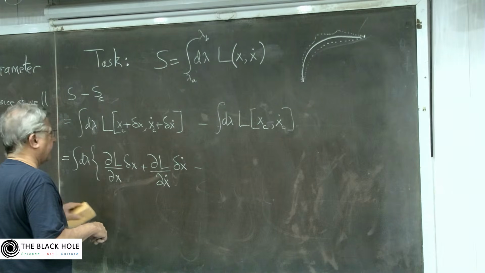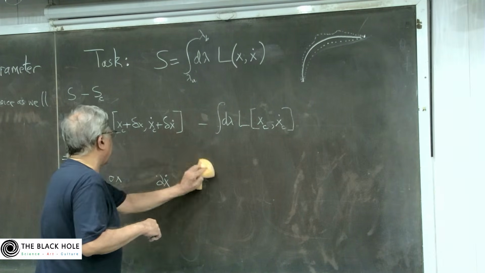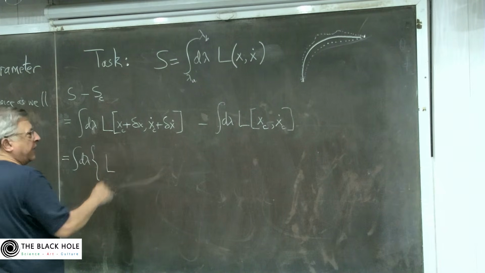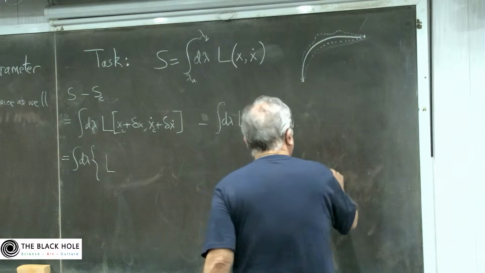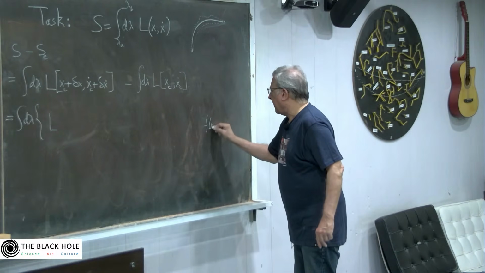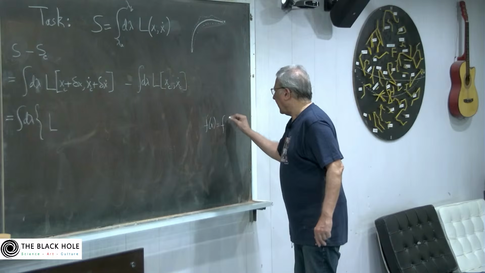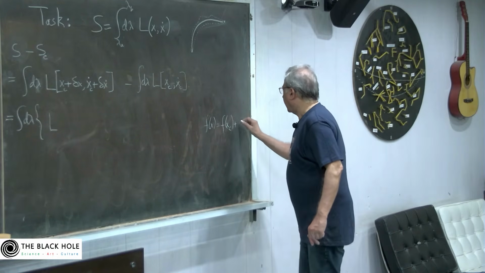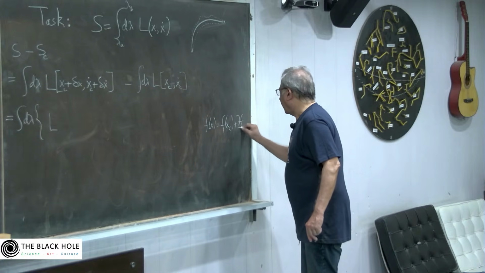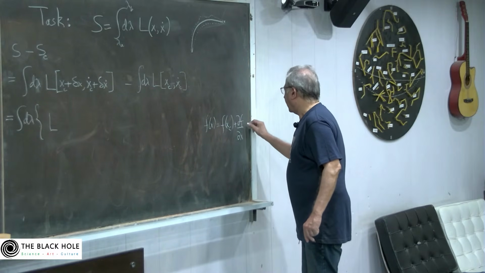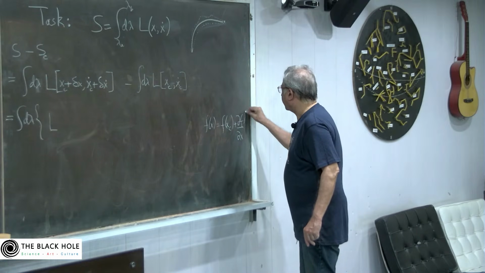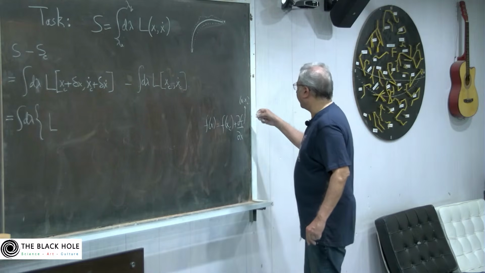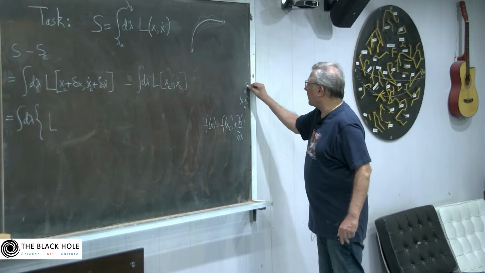I should have done this. You remember the Taylor series? If I have f of x, well, that's f at xc, plus the derivative into x minus xc, how much you have moved away, and this is what we call delta x.